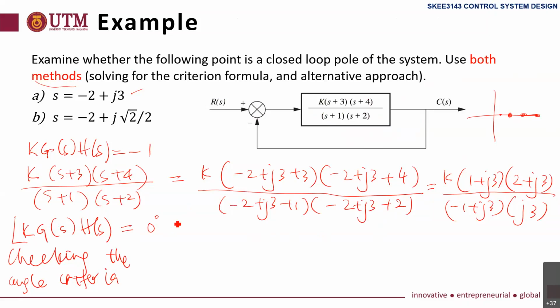Plus, to get the angle, we take the angle of the numerator minus the angle of the denominator. For 1+j3, you can imagine a point with 1 on the real axis and j3 on the imaginary axis.